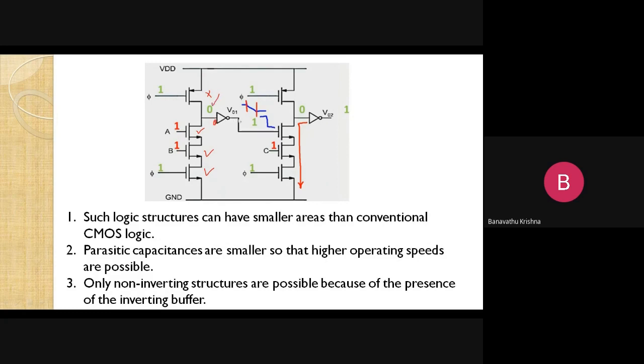So it is simply converting whatever problem we were facing, that is, the delay problem. Here logic 0 is applied, and it changes from 0 to 1 easily, within a fraction of time, 0 to 1 or 1 to 0.